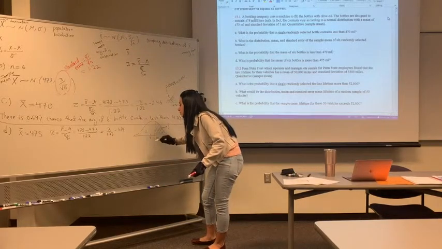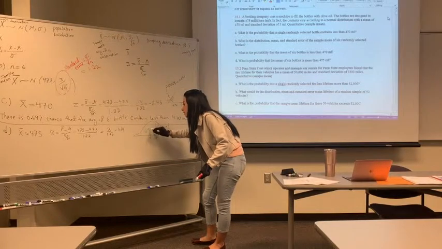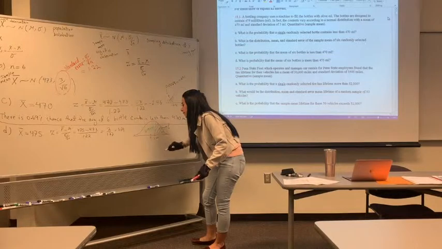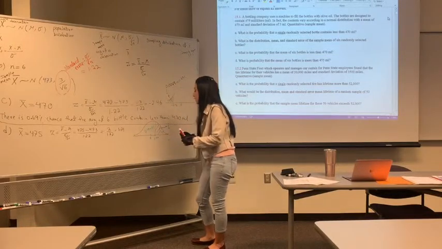So when you take the z-value, it's 0.9495. And then you have to subtract that from 1. Exactly.